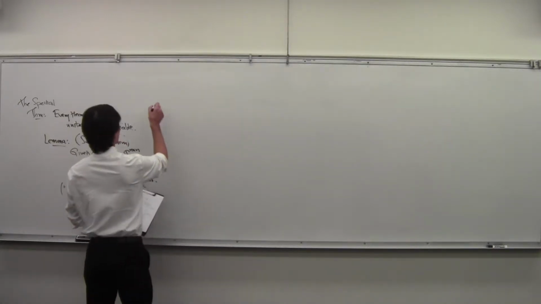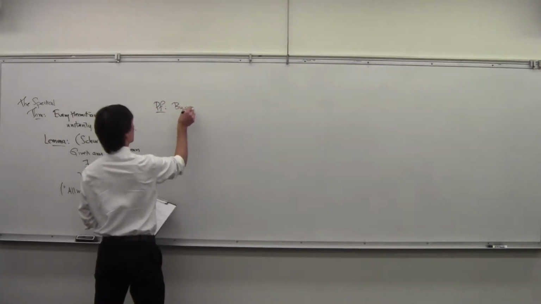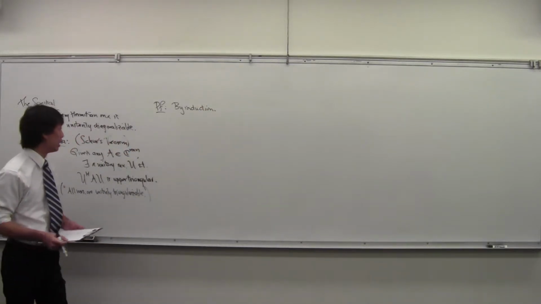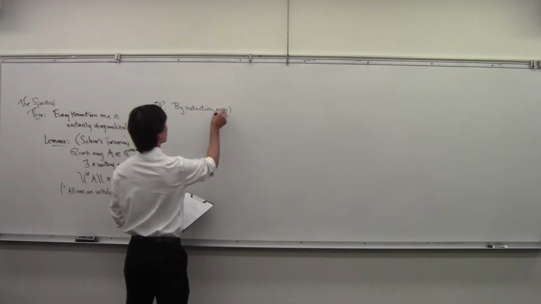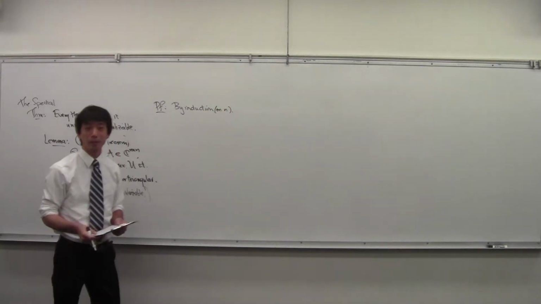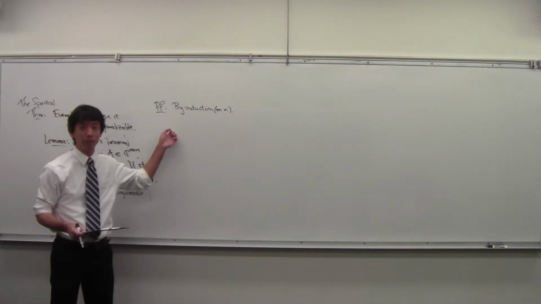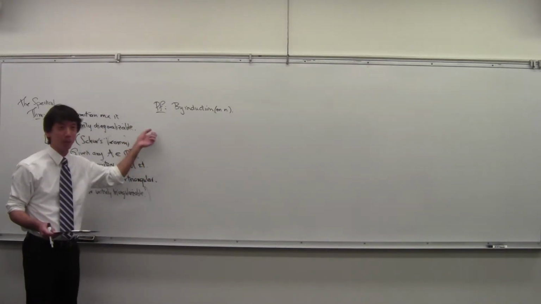The proof of this we'll do by induction on n. If n equals 1, then we are done already, because your matrix is a 1 by 1 matrix, so it's automatically upper triangular.